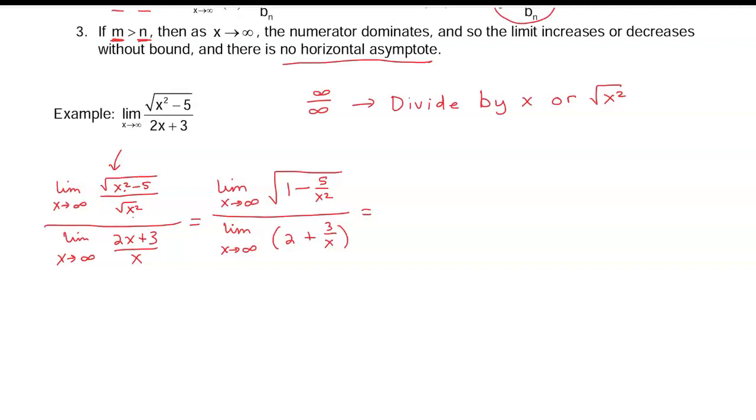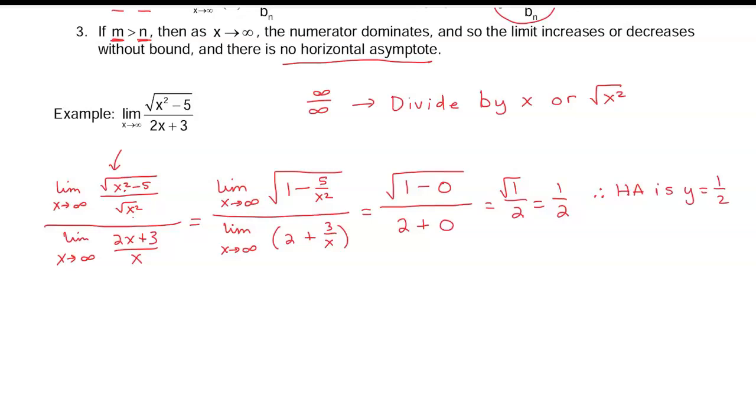So I'm going to ignore the square root for a moment and just take the limit on 1, which is 1. And then I'll take the limit on 5 over x squared, which is 0. So in the denominator, the limit on 2 is 2, and the limit on 3 over x is 0. So I end up with the square root of 1 over 2, which is 1/2. Therefore, the horizontal asymptote is y equals 1/2.